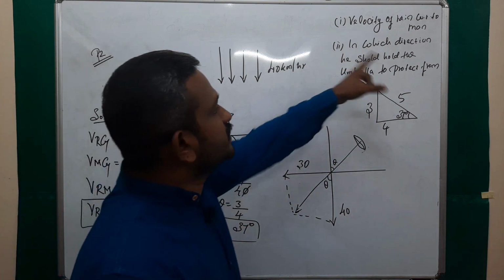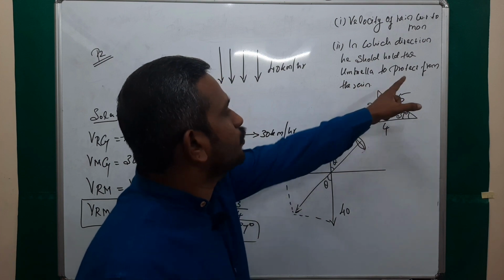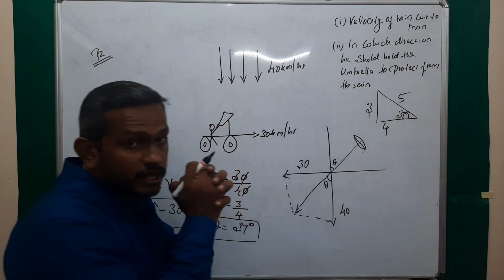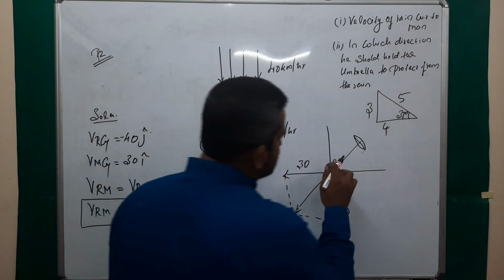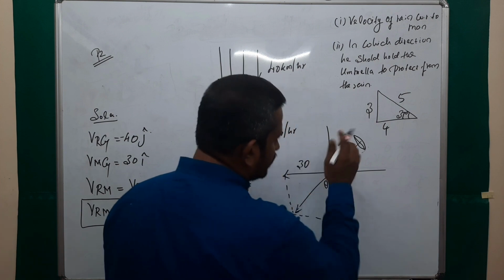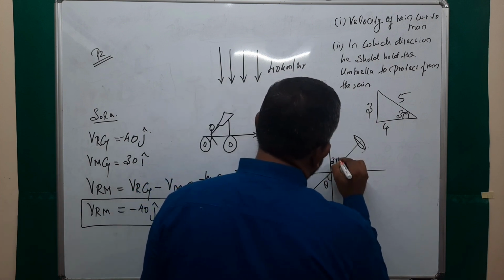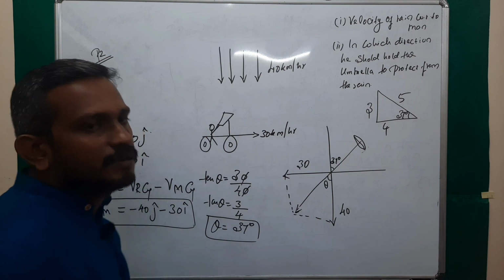Second question: in which direction should he hold the umbrella to protect himself from the rain? So he should hold the umbrella at 37 degrees from the vertical.